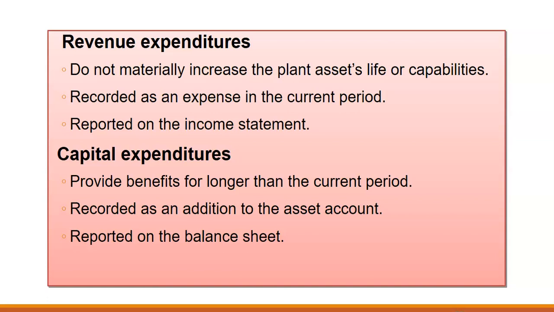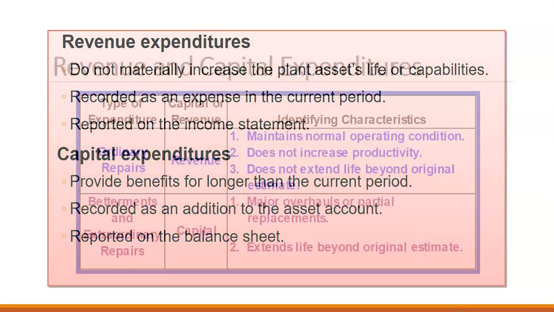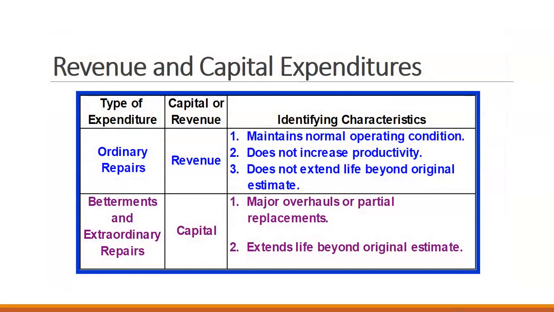Capital expenditures, however, increase the life of the asset, and they are recorded as an addition to that asset and reported on the balance sheet. So how do we decide what is revenue or capital? Well, revenue is just keeping the asset functioning.